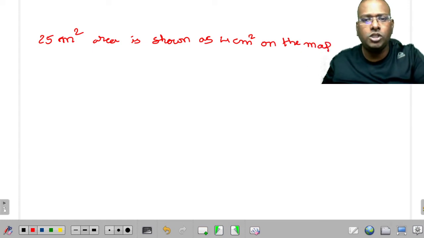On the map, it is represented as 4 centimeter square.